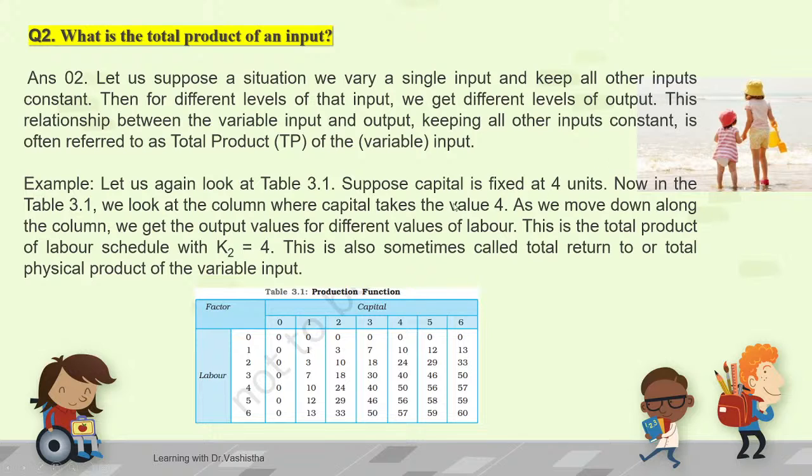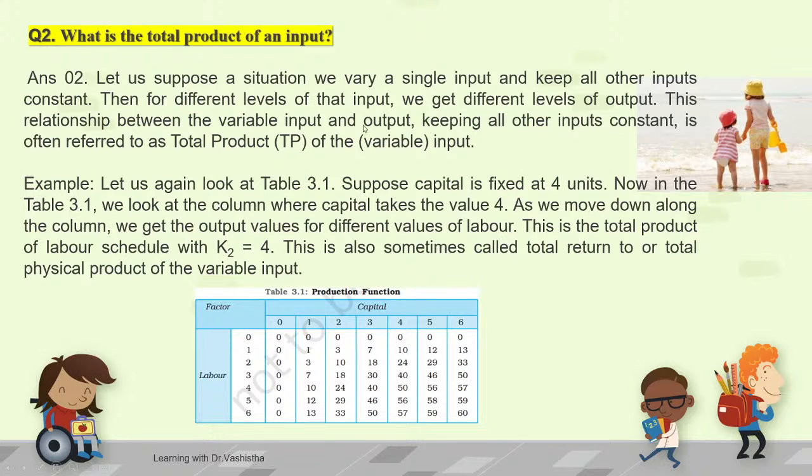This relationship between the variable input and output, when all the other inputs are kept constant, is referred to as the total product of that variable input. So this is the total product of an input.